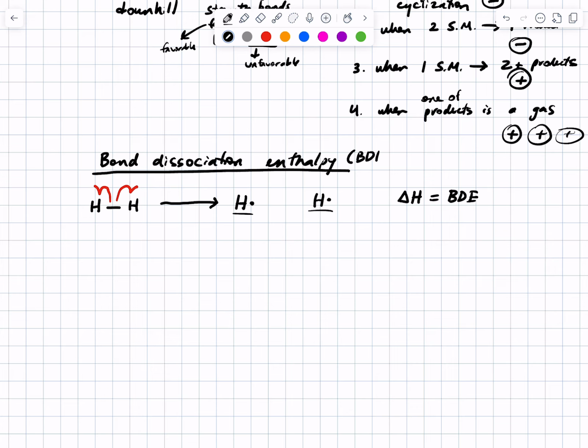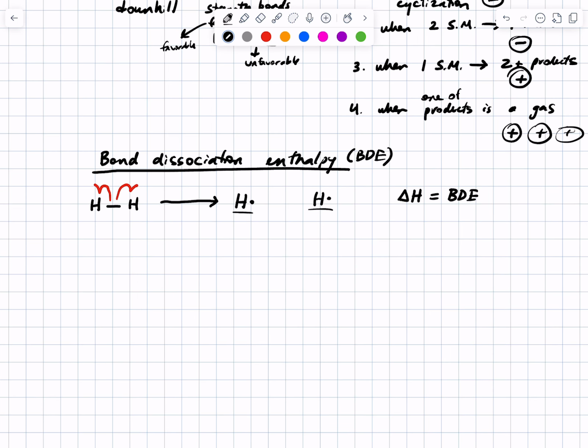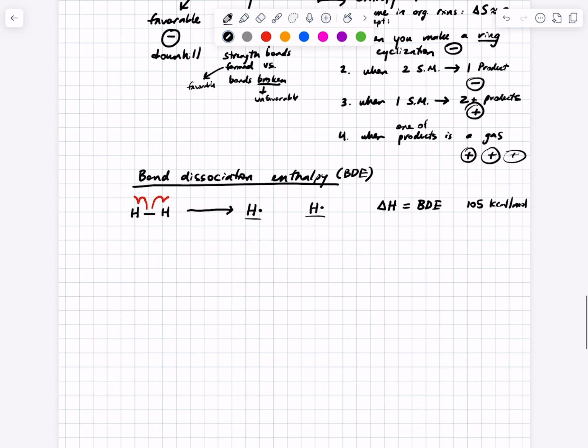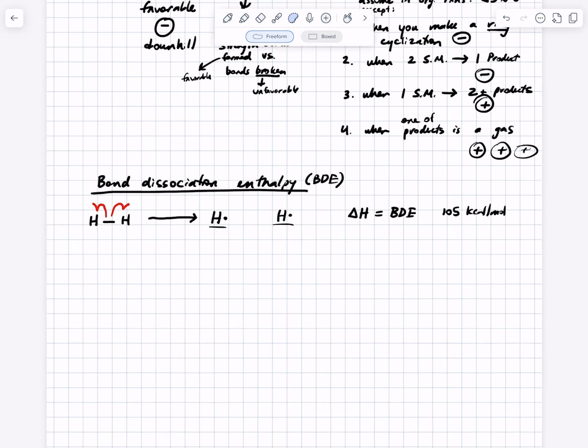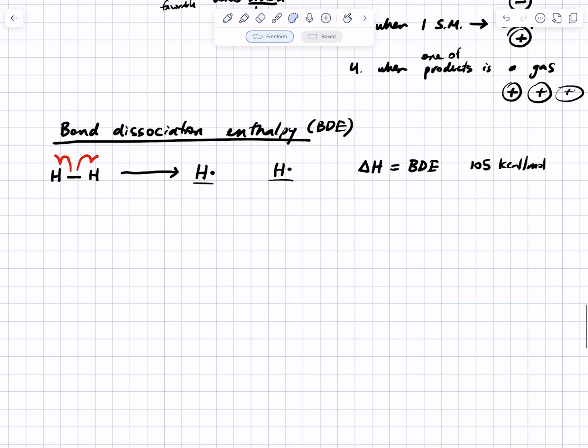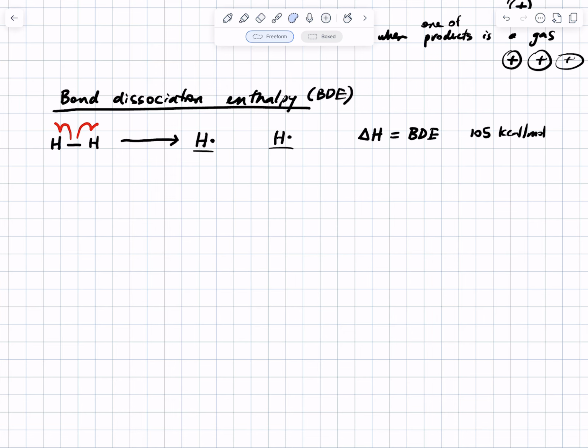That's the energy you have to put in to cause the bond to dissociate. And that is about 105 kilocalories per mole. Some of you may prefer kilojoules, that's fine. There's about 4 kilojoules per kilocalorie. So we'll let you do the conversion there.